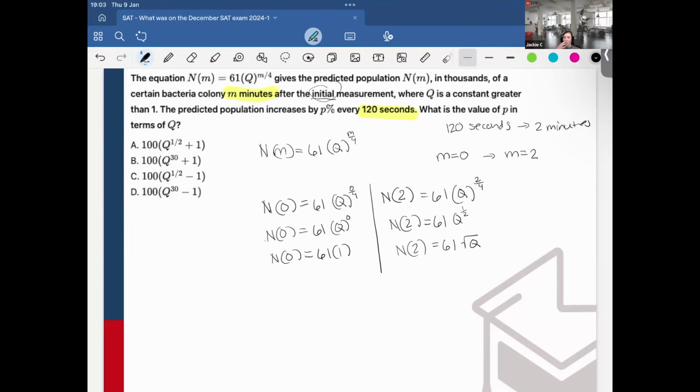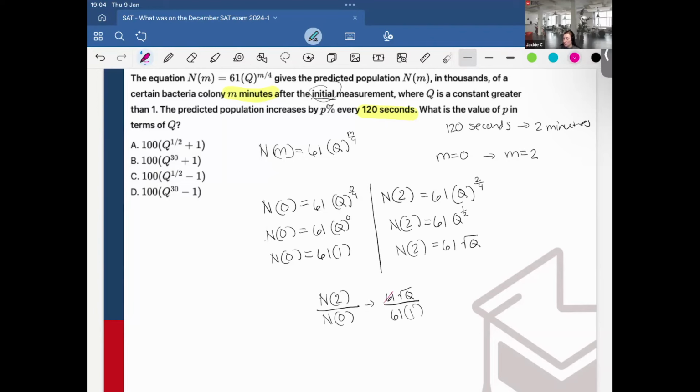Okay, so next, I want to find the factor or the ratio by which the population changes in 2 minutes. To find that ratio, I can put the population at 2 minutes over the initial population. I know at 2 minutes it was 61 times square root of q, and at 0 minutes it gave us 61 times 1.